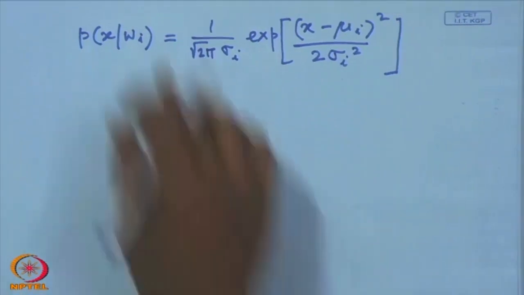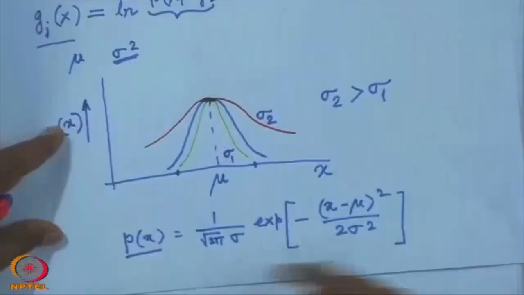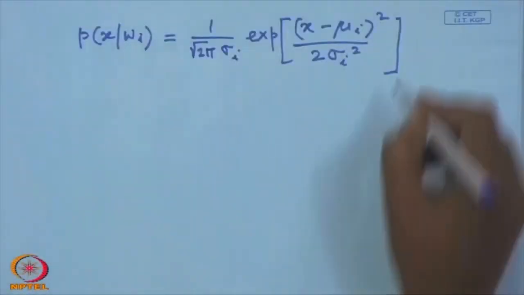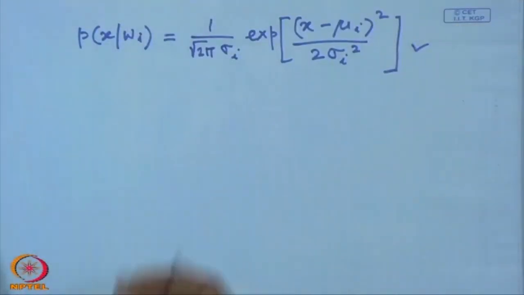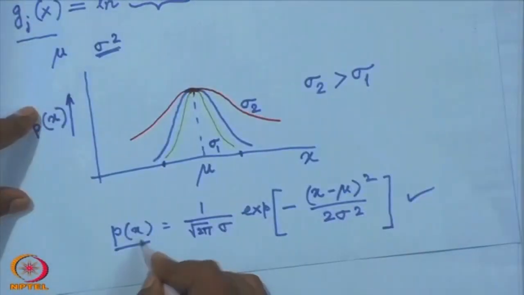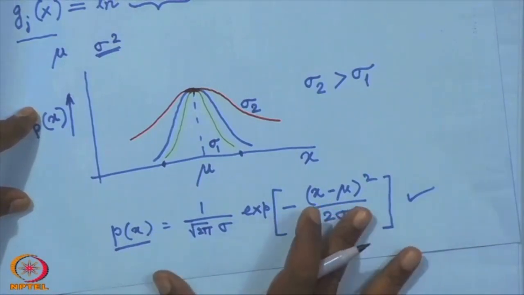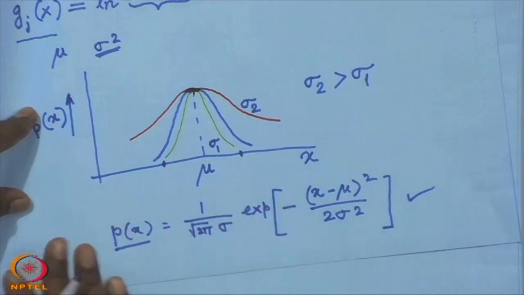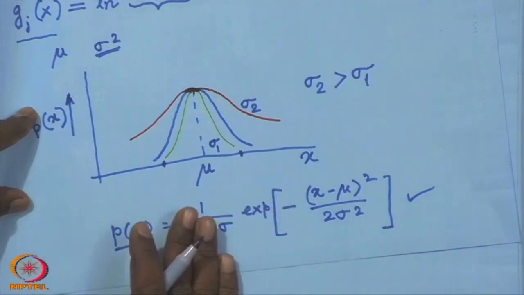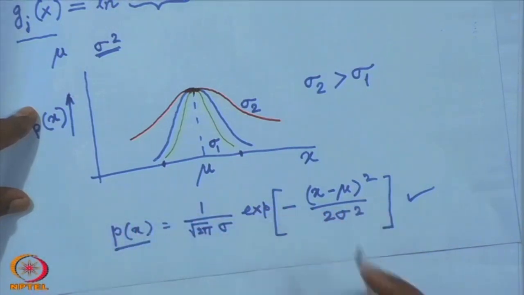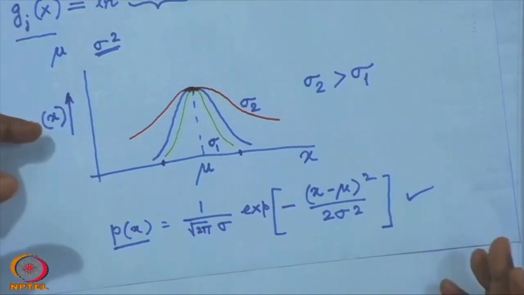The only difference between this expression and the earlier one is that there, when we took the different sample values of x, we did not consider whether these samples were taken from class omega 1, or class omega 2, or class omega 3 and so on. We put all the samples together irrespective of the class belongingness of that sample.